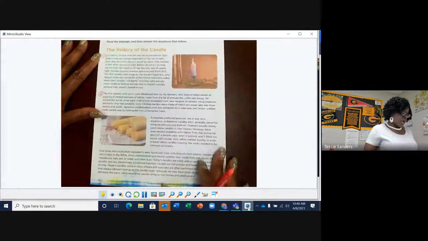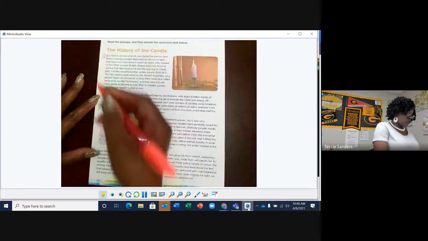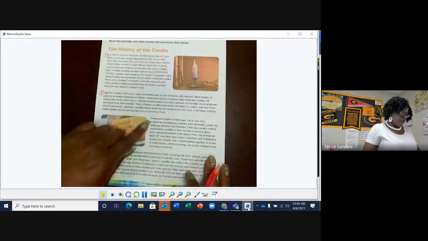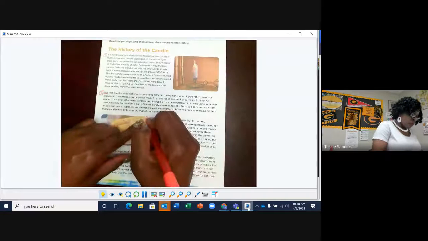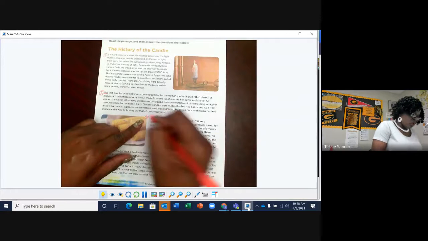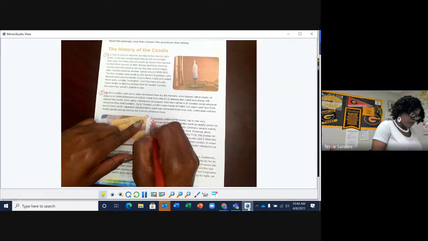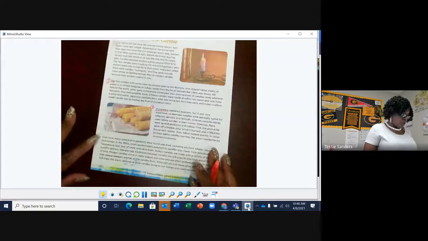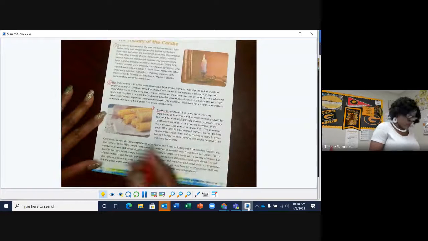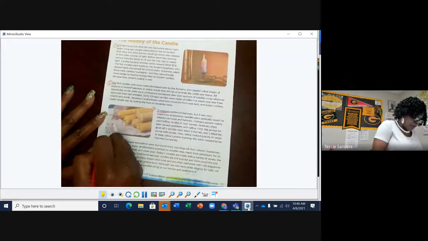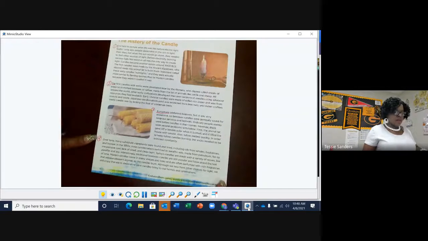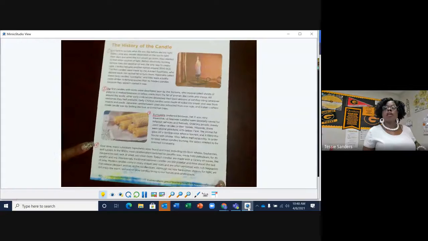It. Paragraph 2 starts with the word the. Good job. Paragraph 3 starts with the word what? Europeans. What is our word? Europeans. And paragraph 4 starts with the word over.